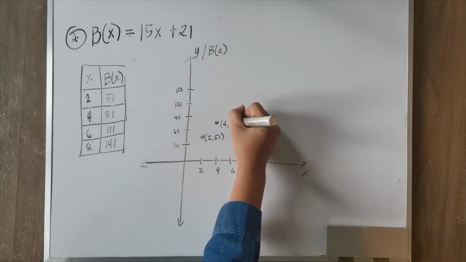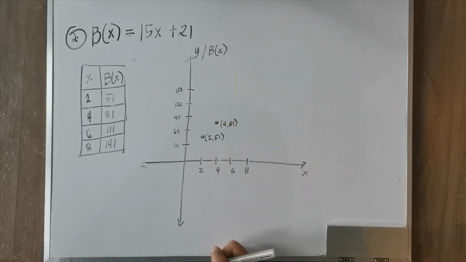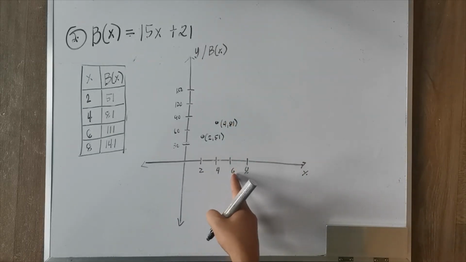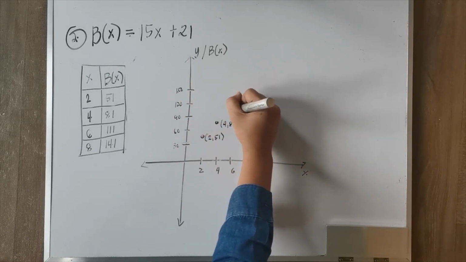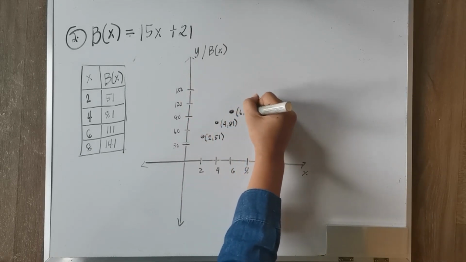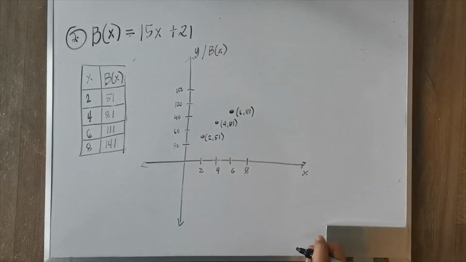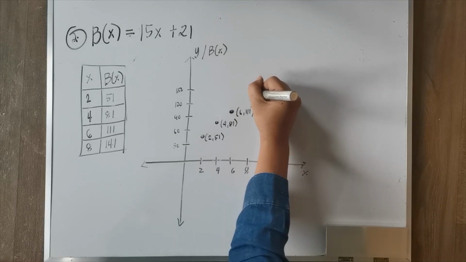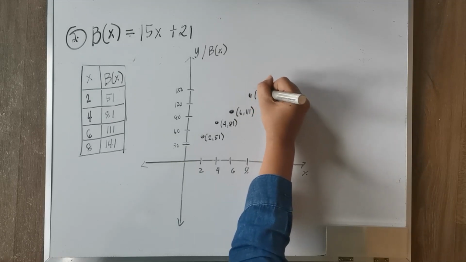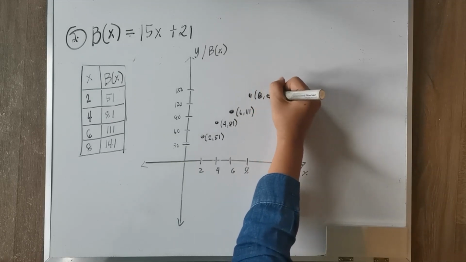Okay, so 4, 81. 6 would be paired with 111. So this is roughly on this area. And for 8, we have 141. So roughly again on this area. So we'll just do the estimation. 8 for x, then for y will be 141.